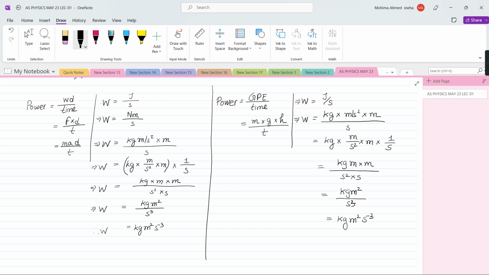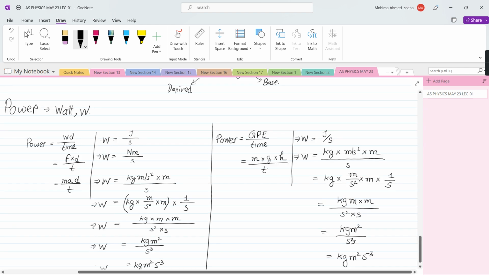No? Okay, if there is no confusion up to this level, I'm going to give you one work, and you have to show the derived versions. I have done it for pressure and power, right?